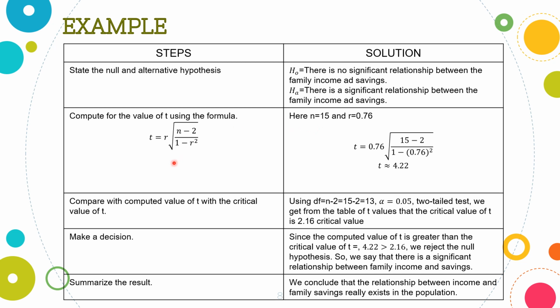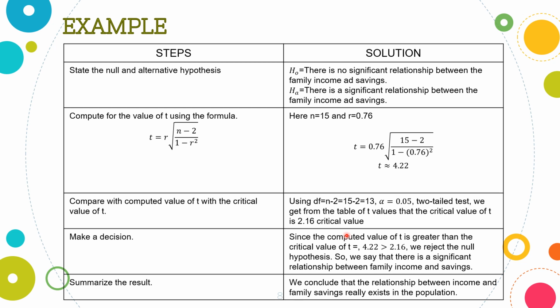Then you compute for the t value, using this formula. Then you compare the t value with the critical value. To get the critical value, we will use the value of our df, our alpha, and what hypothesis test is used, applying it to the table. Once we get it there, we make our decision by comparing the computed t value to the critical value.